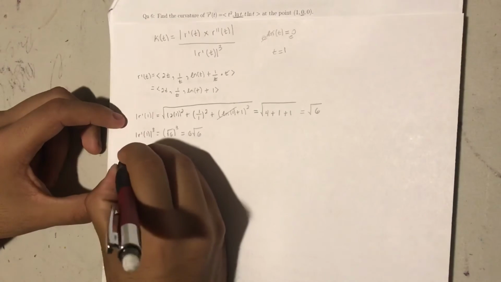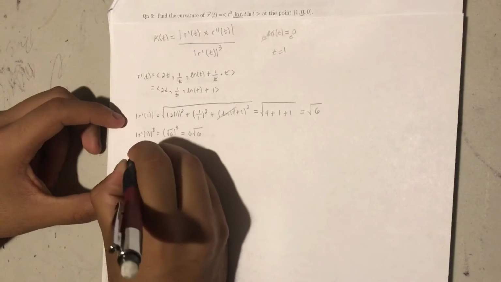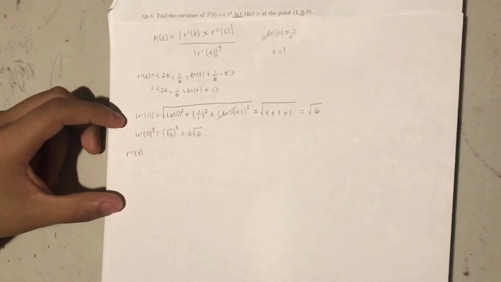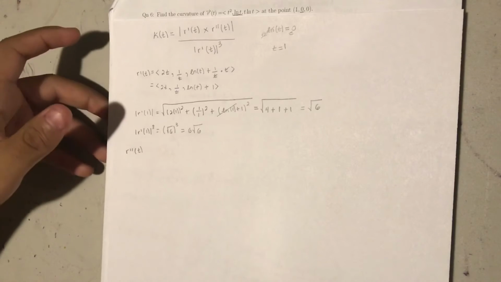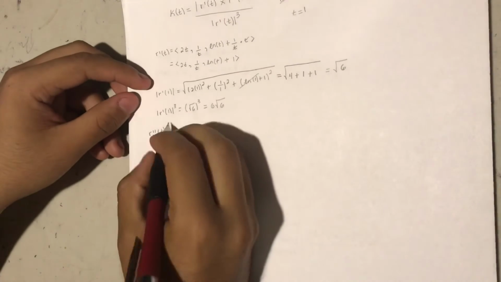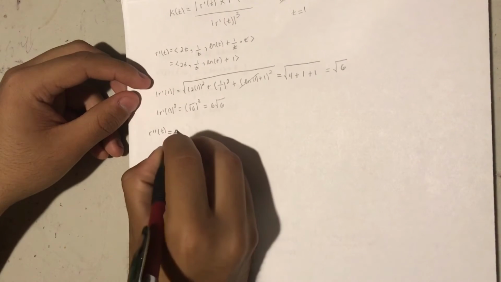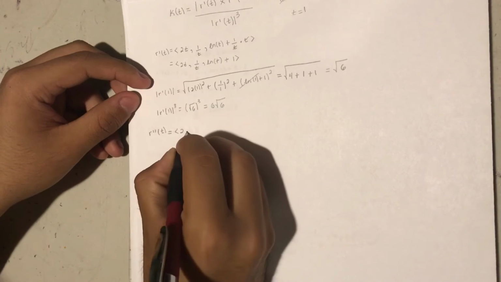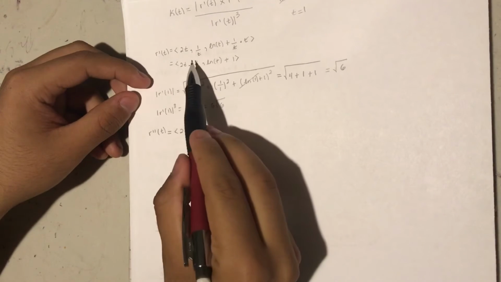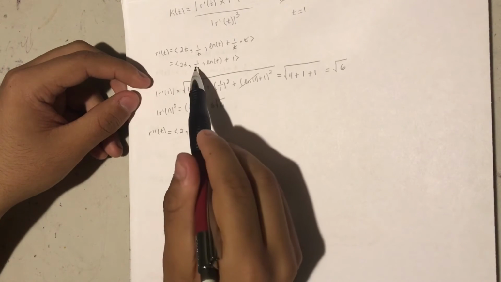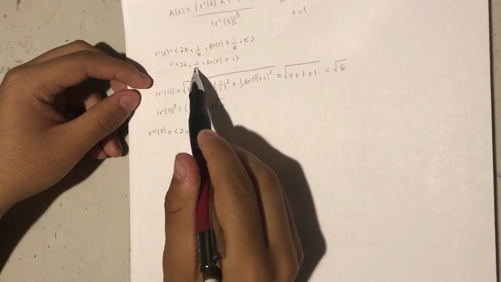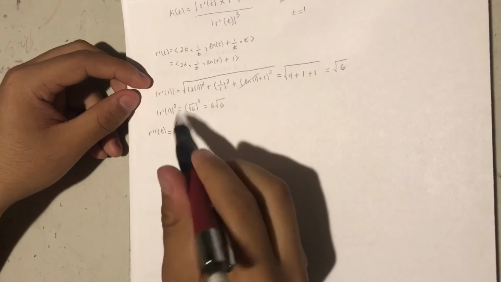So then we can find r double prime of t, which equals 2. 1 over t can be used as t to the negative 1.